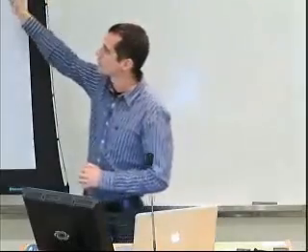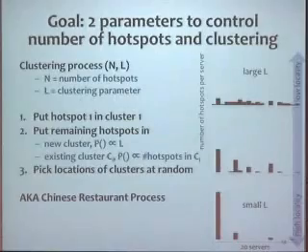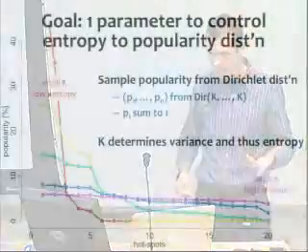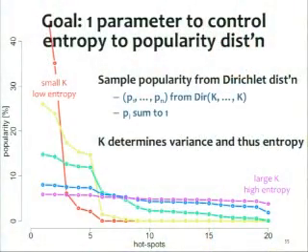For large values of L, we get almost uniform distributions of hotspots across your clusters, whereas as you decrease the value of L, you get more clustering and more hotspots are clustered on few servers. That was the goal, to have a few simple parameters that let us control what the hotspots look like. And in the second part, we wanted to adjust the probability of these hotspots.